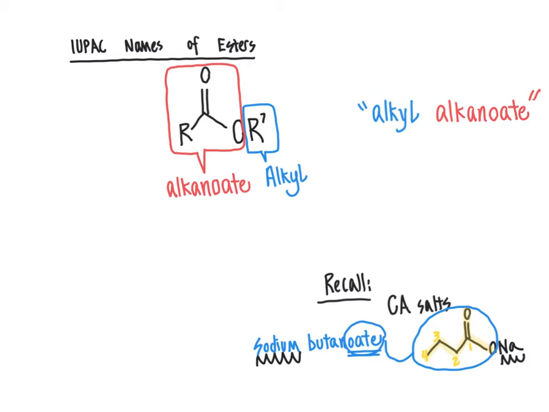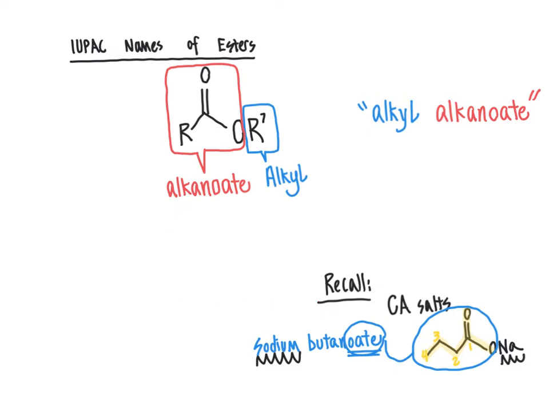So analogously, when we're naming esters, rather than there being a metal complexed with the oxygen atom, instead you have an alkyl group complexed with the oxygen. Therefore, rather than being a metal alkanoate, instead it becomes an alkyl alkanoate. And so that alkanoate terminology, the way that we name this group that has our carbons, our carbonyl, and our oxygen as an alkanoate, is going to be the same for naming an ester as it was for naming a carboxylic acid salt.